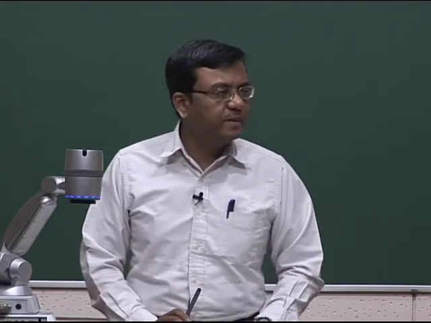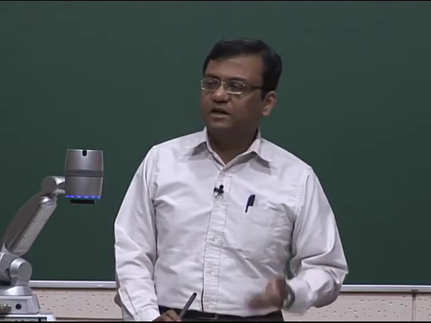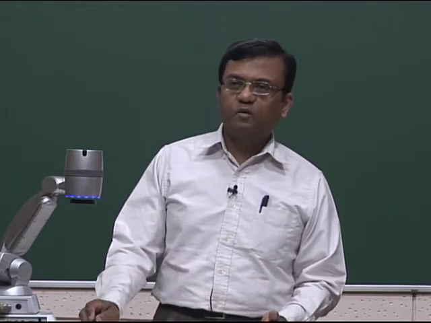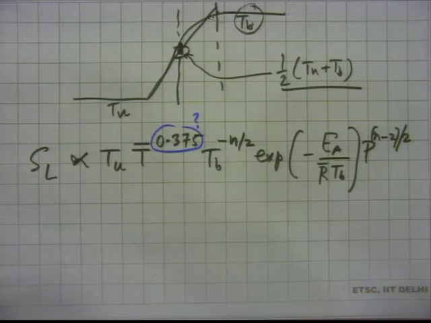So if it is 2 alpha by SL, we know how alpha depends on temperature and pressure. Here we have this expression which tells you how SL depends on temperature and pressure. So we can get the dependencies of delta, that is the flame thickness, on various things.